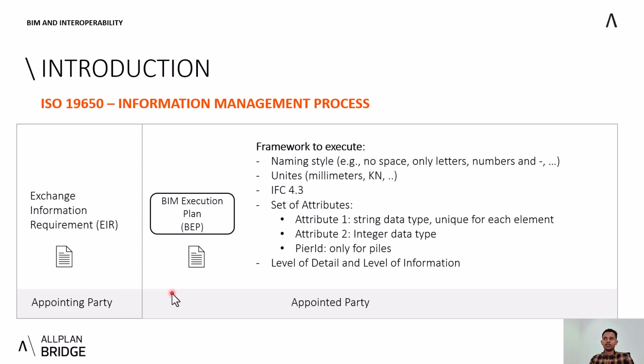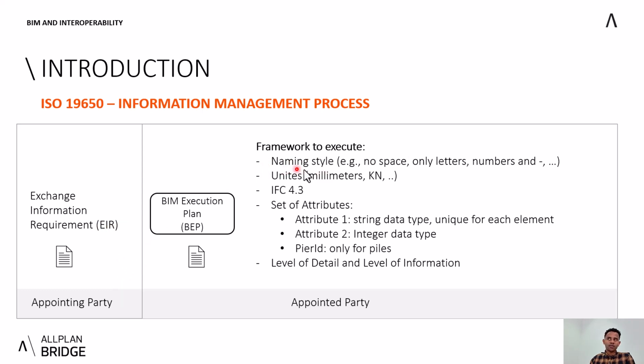Now they have been selected or appointed, and now they have to do the BIM execution plan again, or more in detail now. So what do they have to include in the BIM execution plan? Basically, they have to specify the framework that they need to follow to execute the set of requirements which were already set by the appointing party.